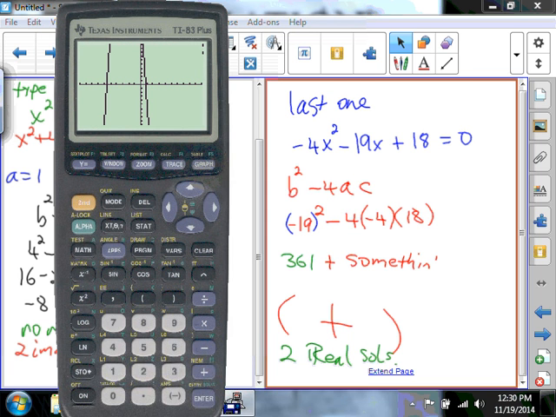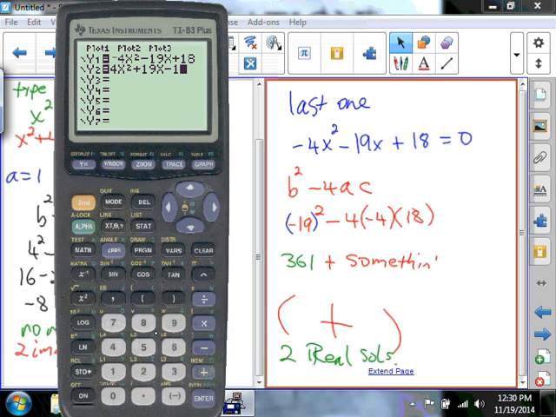What happens if I change all the signs and I make this positive 4x squared and plus 19x and then minus 18? Do you think it's still going to go through the x-axis twice? Let's find out. Because sometimes maybe you put the equation in standard form different. There's once, there's twice.